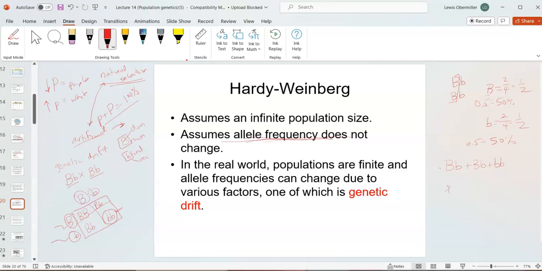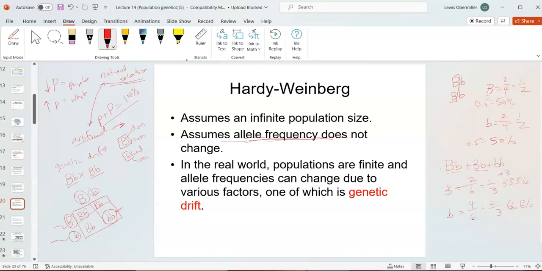So what's the allele frequency? Big B equals 2 divided by 6, which is a third, and little b is 1, 2, 3, 4, 4 divided by 6, which is 2/3. So this is 33.3% and this is 66.6%.